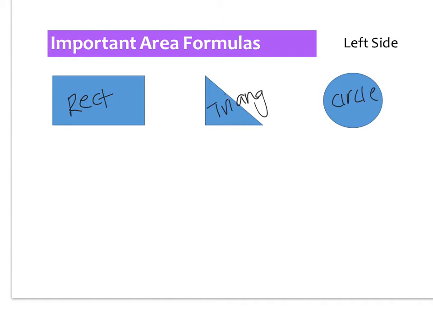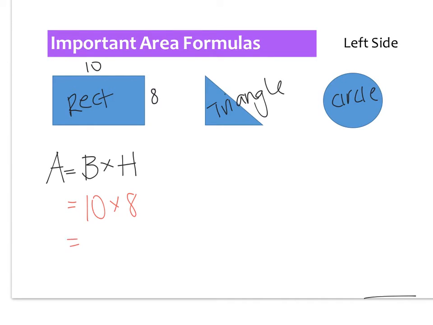So the area of a rectangle is really easy. It is just base times height. And you did this last year in 6th grade, but it's pretty easy. If I tell you that this height is 8 and the base is 10, all we would do is plug in 10 times 8 and get 80. So that's how you find the area of a rectangle.